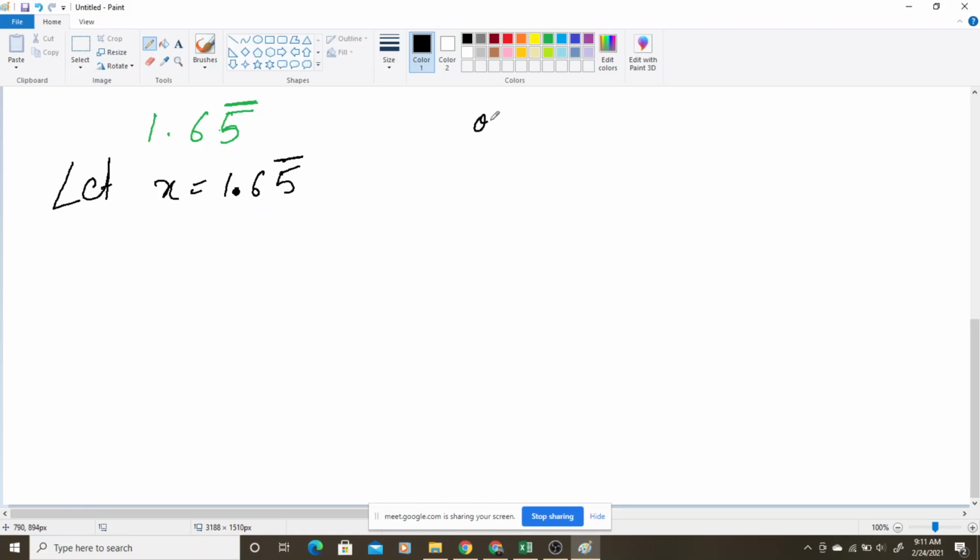So when one digit, you will be multiplying with 10. If two digits are there, you will be multiplying with 100. If two digits 100, one digit 10, three digits 1000. So one digit is only there which is not having bar, so you will be multiplying both sides by 10.